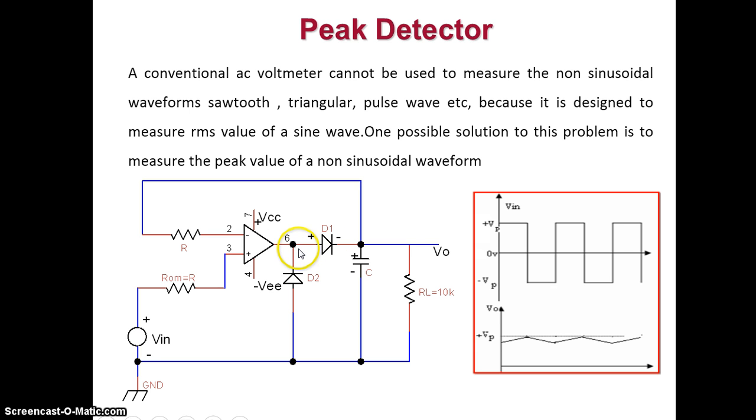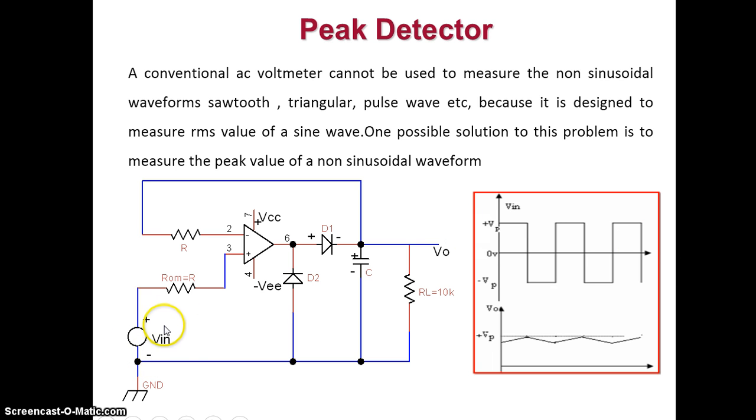That means it is on. So that voltage will flow in this way to the capacitor and the capacitor will charge. And you are taking output at this point, that is the voltage across the capacitor. So the voltage across the capacitor will be the charging voltage, and it will charge to the peak value of your square wave. That is happening during the positive half cycle.